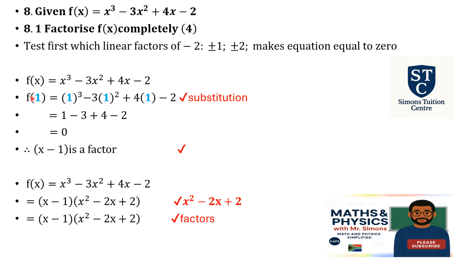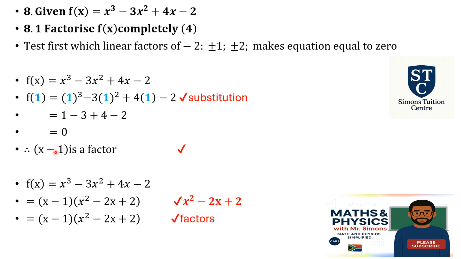So if I use 1, it's 1 cubed minus 3 times 1 squared plus 4 times 1 minus 2. 1 cubed is 1. 1 squared is 1, times negative 3 stays negative 3. 4 times 1 gives me 4, minus 2. 1 minus 3 gives me negative 2, plus 4 gives me 2, minus 2 gives me 0. Very important that we remember we change the sign. So x − 1 is a factor.